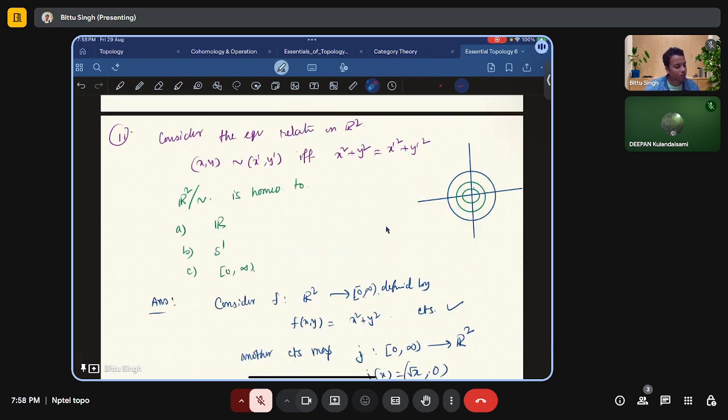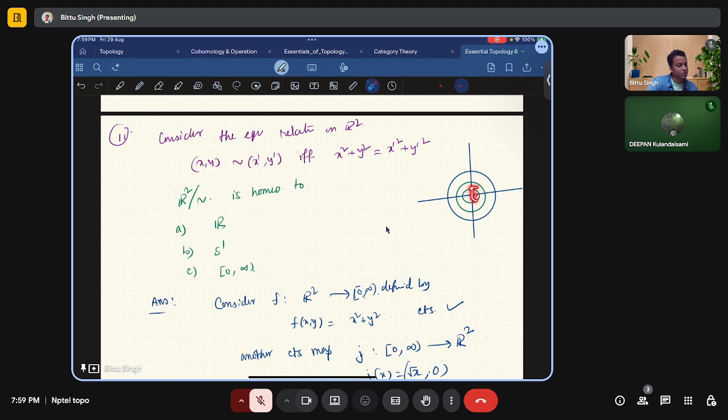Geometrically, consider the points corresponding to this. I am adding this point. This point can be thought of as this whole circle. Similarly, this point denotes this circle. So the origin denotes the singleton, and similarly, all those points denote the circle corresponding to the radius.